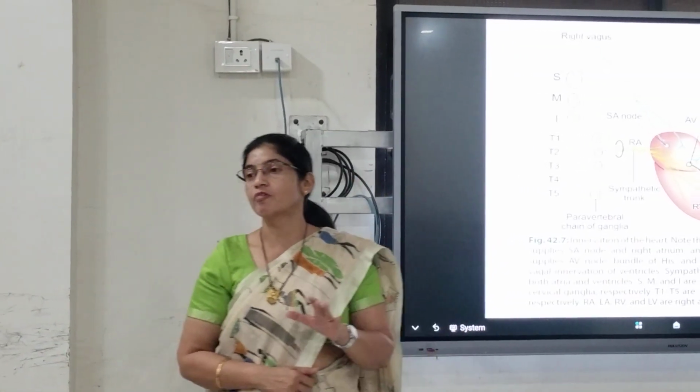So what is the function of the vagi? Does it increase the heart rate or decrease the heart rate? We have a parasympathetic nervous system and a sympathetic nervous system.